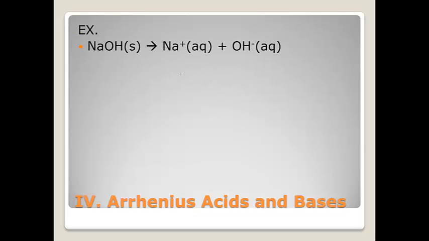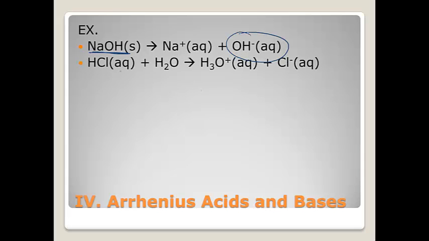So sodium hydroxide is a base. Why? When you dump it into water, it breaks up, it dissociates, and turns into hydroxide ions. Now, HCl, hydrochloric acid, obviously an acid from the name, does not really produce H+ ions. What happens is the H+ ion latches onto water. This hydrogen ion really does not exist as a free ion.